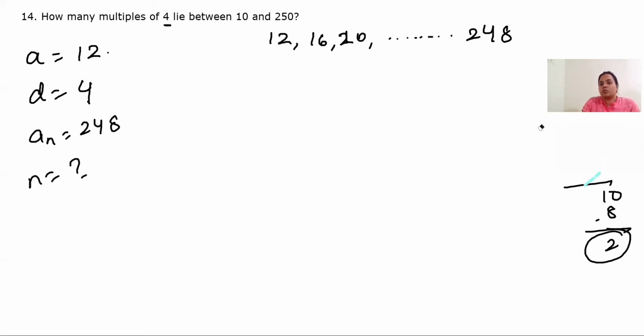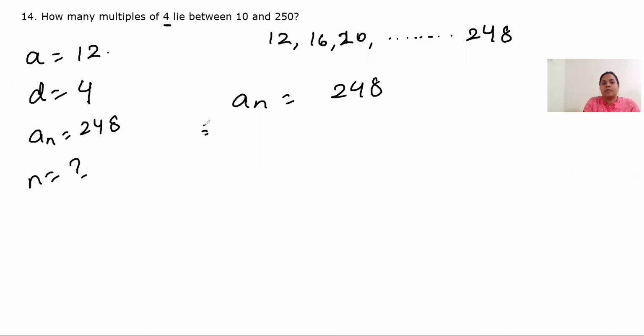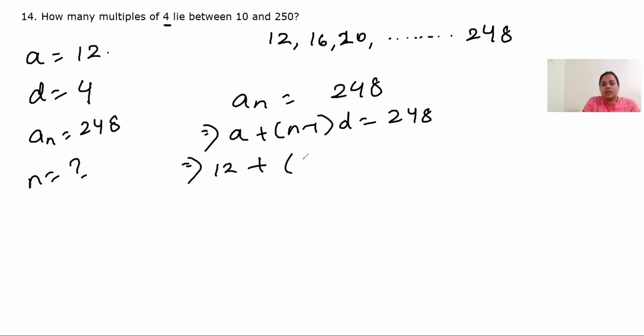Very simple. I have done this type of question so many times. An is equal to 248 implies that A plus n minus 1 D is equal to 248. A is 12 plus n minus 1 multiplied by 4 is 248.